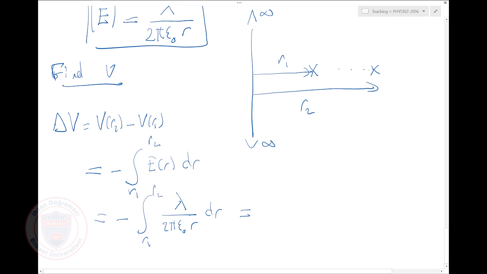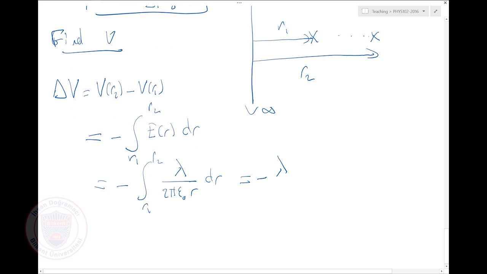These are constants, lambda over 2 pi epsilon 0. What's the integral of 1 over R dr? Now it's ln, right?